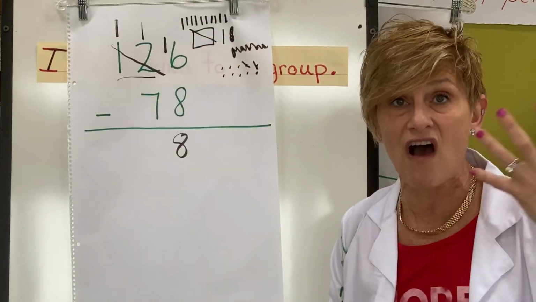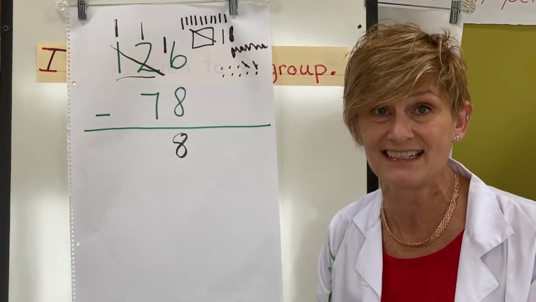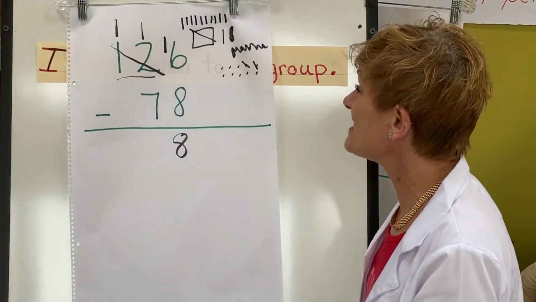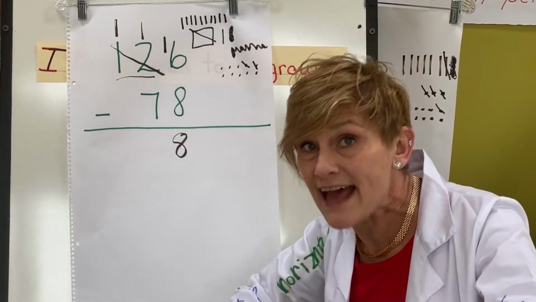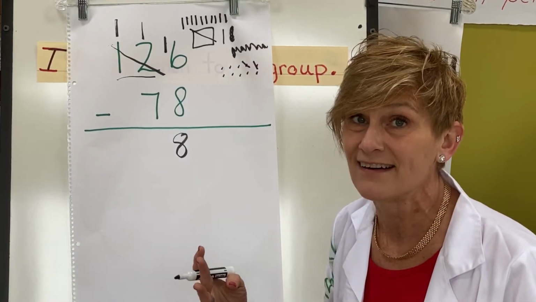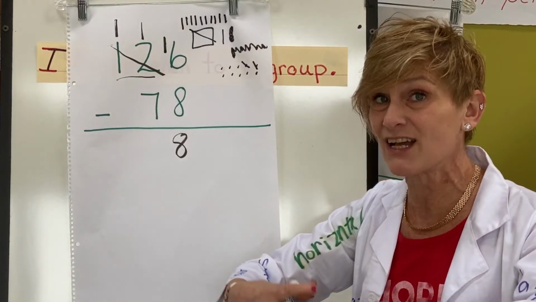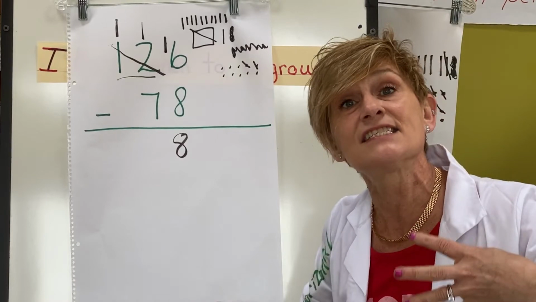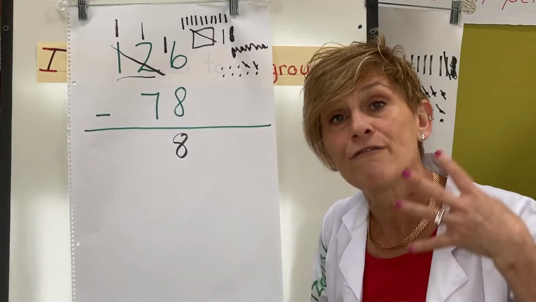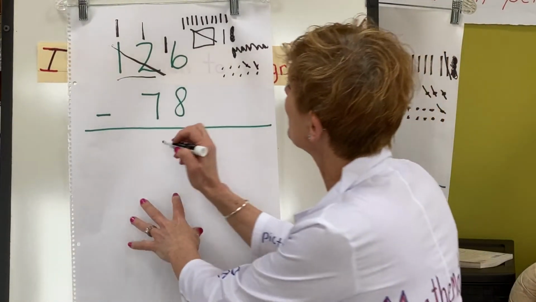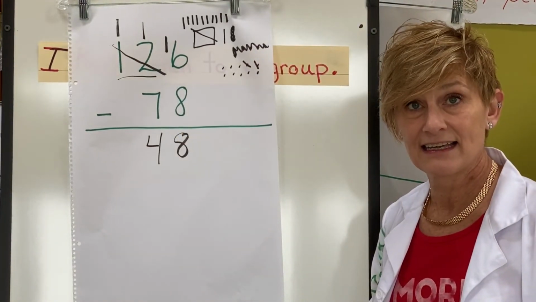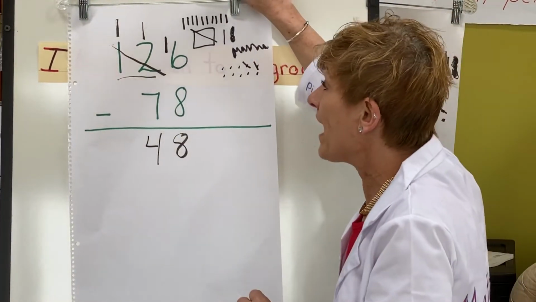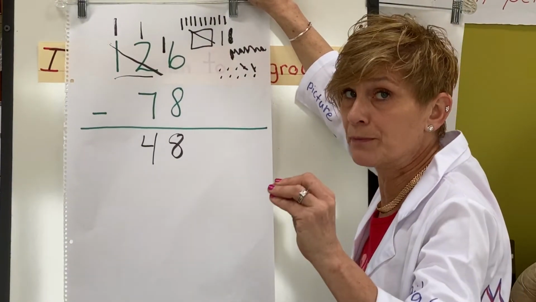I now have 11 tens. 11 tens take away 7 tens. 11 take away 7. That's a 4. So 11 tens take away 7 tens is 4 tens. My answer is 48. This is knowing when to ungroup.